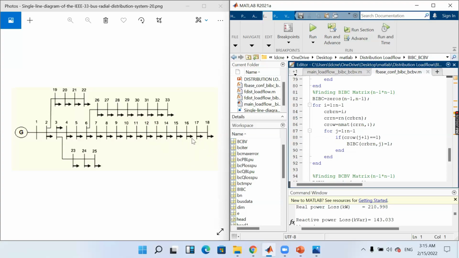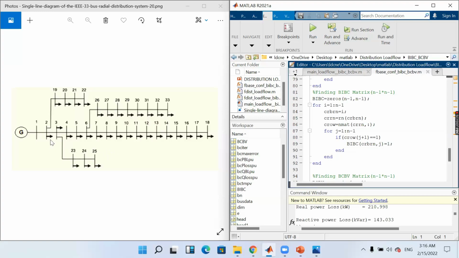Now, as we have already understood, for finding the BIBC matrix, we have to use each row of the N matrix, which gives the interrelation between branches and the current injections. So we can think like this.